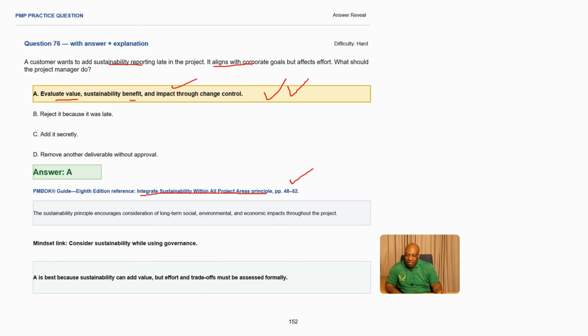The sustainability principle encourages consideration of long-term, social, environmental, economic impacts throughout the project. The best mindset that you can apply to this scenario is you need to consider sustainability whilst you are using governance, all right? Making A the best answer in this scenario. Why? Because sustainability can add value, but effort and trade-offs must be assessed formally, making A the best answer.